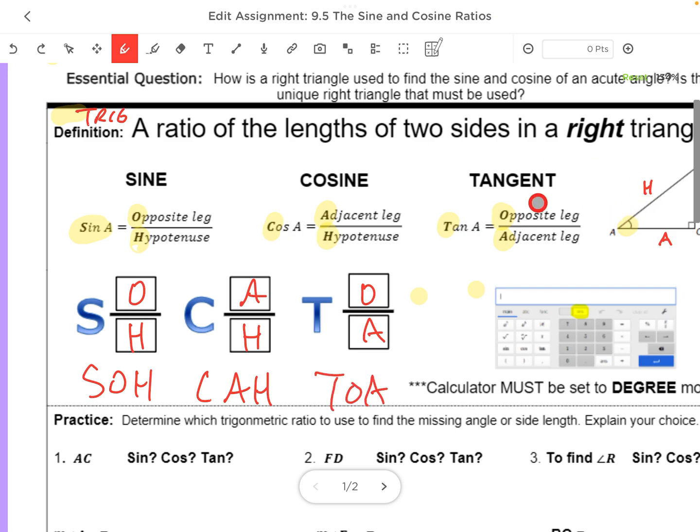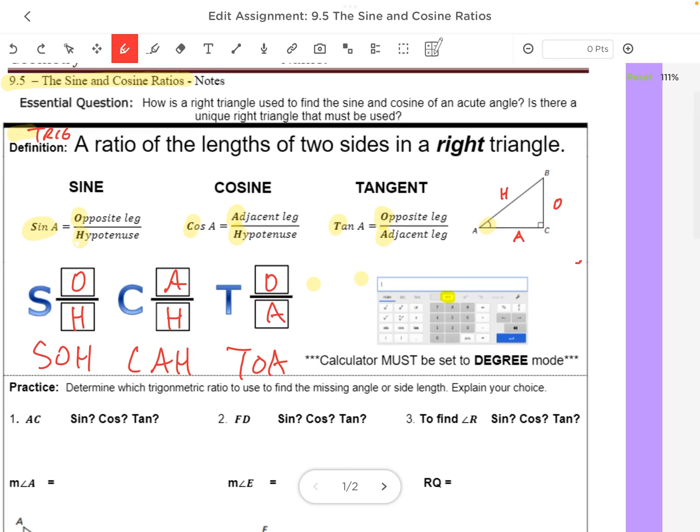On your PSAT and SAT, when you're doing these, I want you to write down SOHCAHTOA. Then you'll remember sine is the opposite over hypotenuse, cosine is the adjacent over hypotenuse, and tangent is the opposite over the adjacent. SOHCAHTOA. If you remember that, then you can build this, and then you can do that.